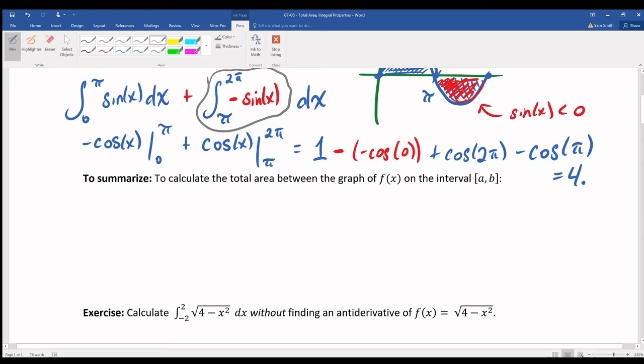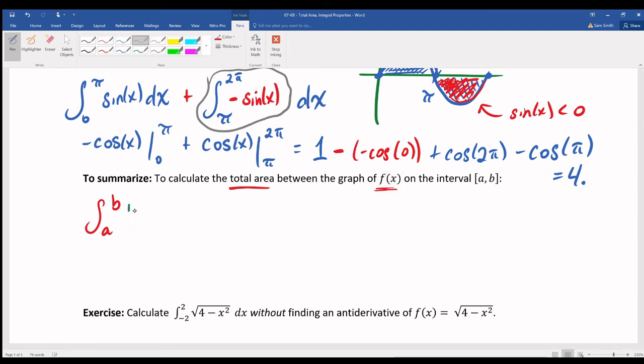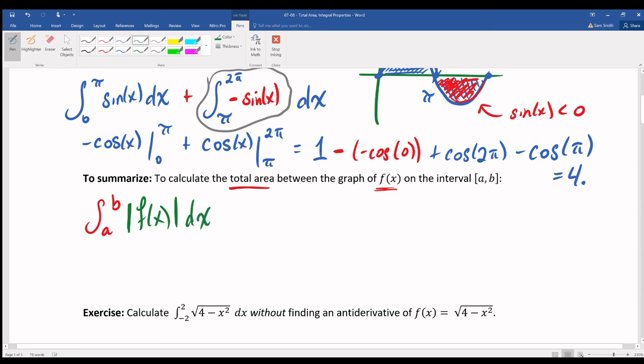Now, in general, we can summarize the process that we just did in the following way. If we want to calculate the total area between the graph of f of x and the x-axis on the interval from a to b, then we can integrate from a to b the absolute value of f of x. And this would involve taking multiple integrals.